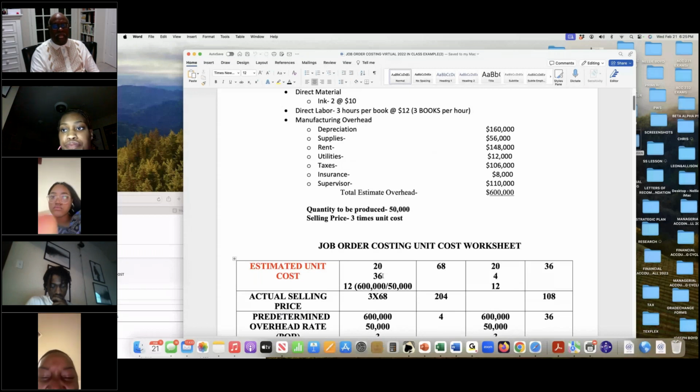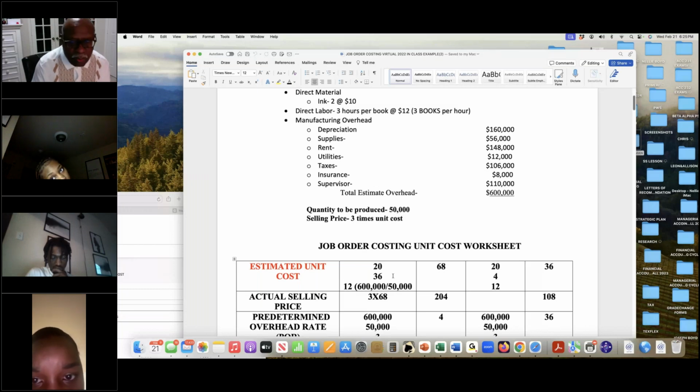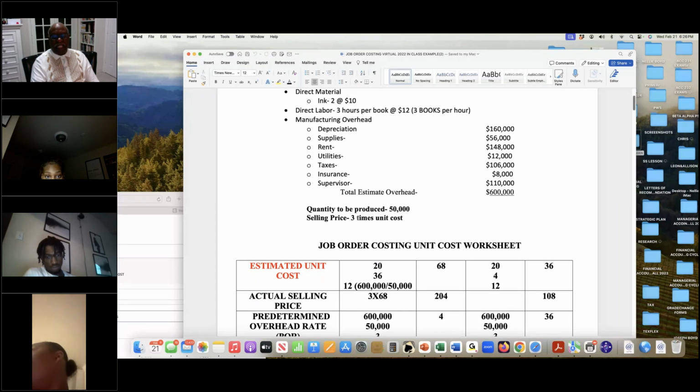Then our overhead is simply the total overhead estimated 600,000 divided by the quantity 50,000 gives us 12. When we add 20, 36, and 12 together, we get 68. Since the selling price multiple is 3, 3 times 68 gives us a selling price of 204. Any questions?